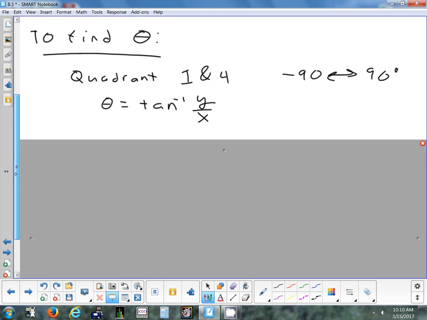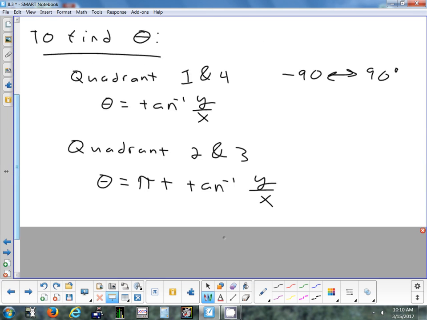If you want an answer in quadrants 2 or 3, it's a small adjustment we have to make. If you're doing it in radians, it's pi plus the inverse tangent of y over x. But the only time you have to do the pi plus is if you're in quadrants 2 or 3. If you're doing it in degrees, it's 180 plus.